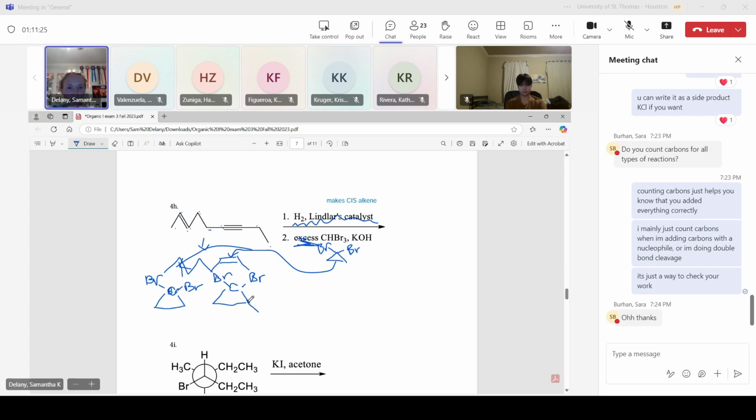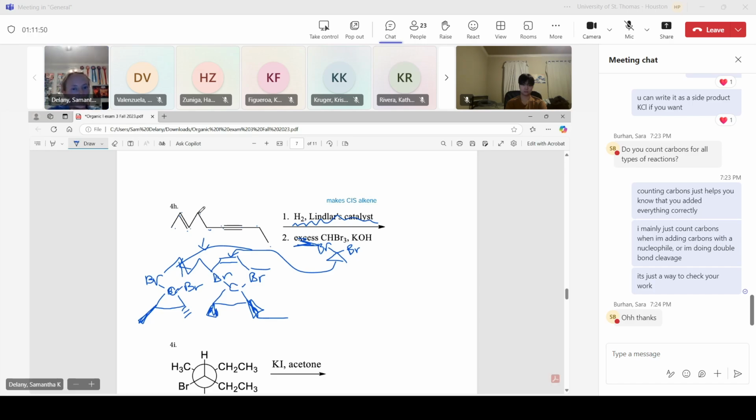So now I'm going to indicate my stereochemistry. So on the cis one, I am going to just do them both on wedges, just for the heck of it. And for my trans one, I'm going to do one on a wedge and one on a dash. Now I have to be careful to connect them with the right amount of carbons.